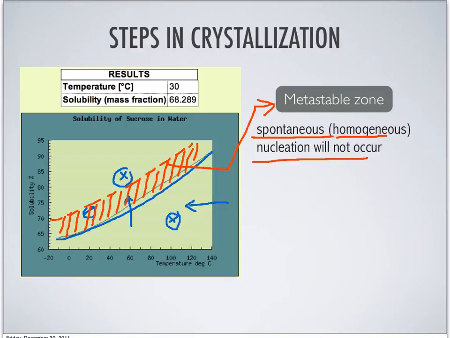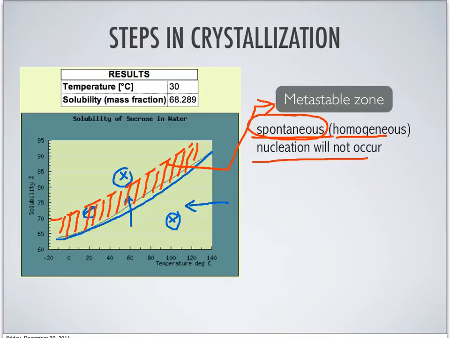The keyword here is spontaneous. In the metastable zone we would not get any spontaneous nucleation, and the supersaturated solution will remain in solution form without any crystallization indefinitely, provided there are no foreign particles such as dust, or we do not add any seed crystal.